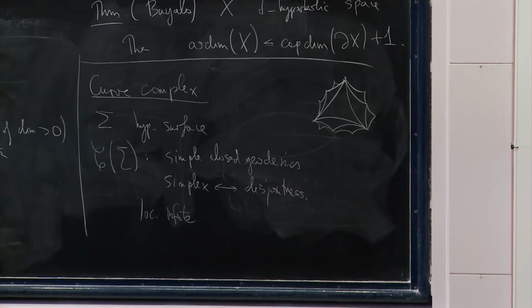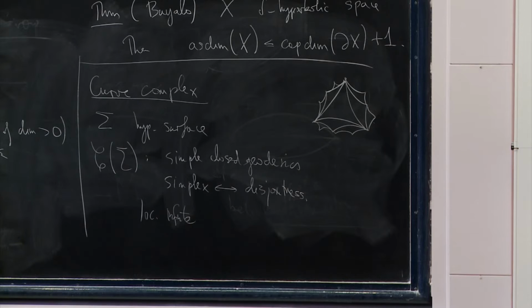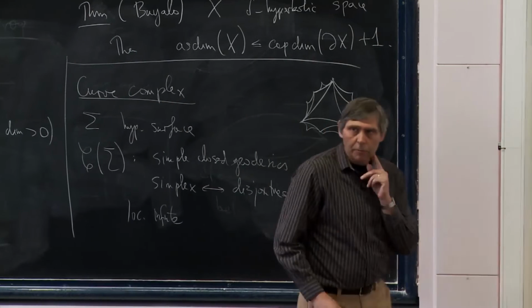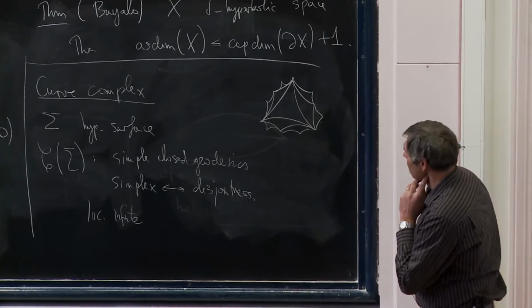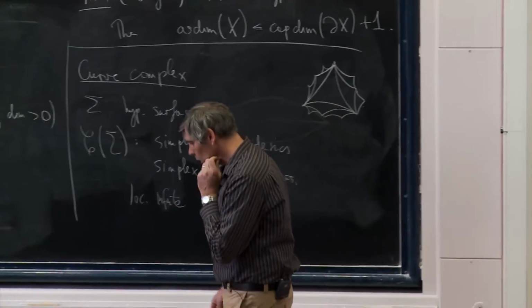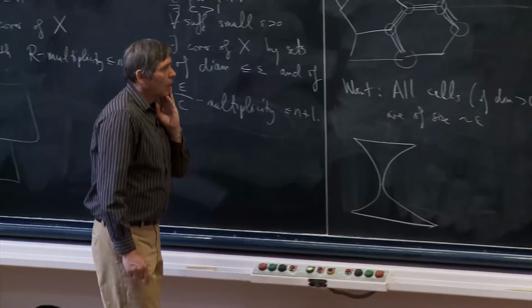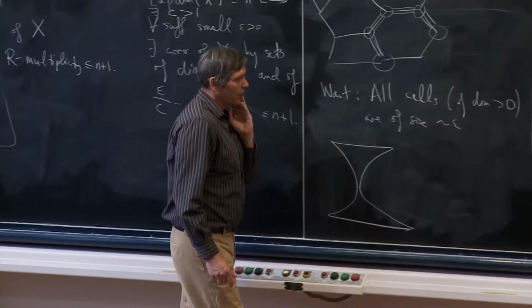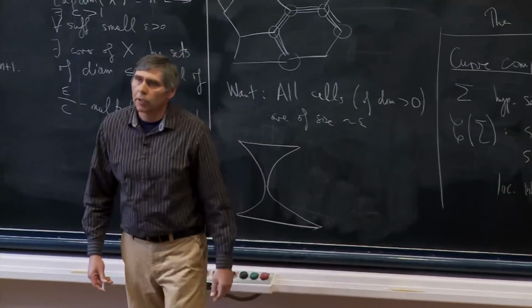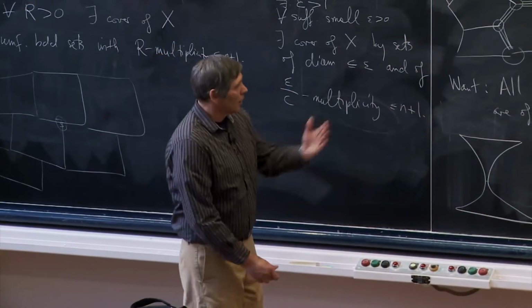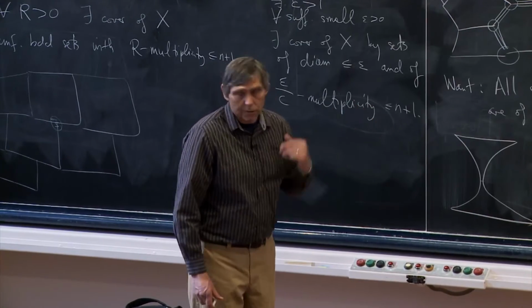This definition was given by Harvey in the 70s, and then it was used later by Harer, who also proved a lot of topological properties of this in his work on homological stability. And then a big step forward in understanding of this complex came with the work of Masur and Minsky, who showed that this complex, this curve complex, is hyperbolic.